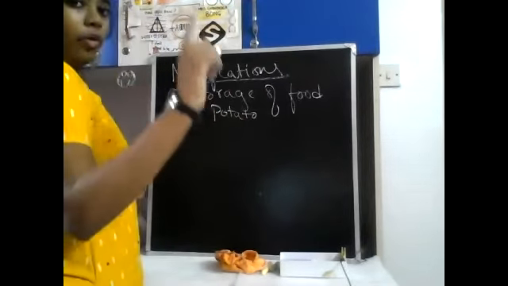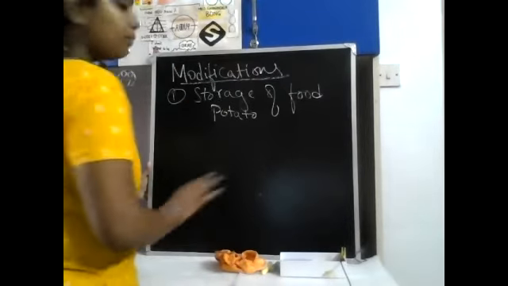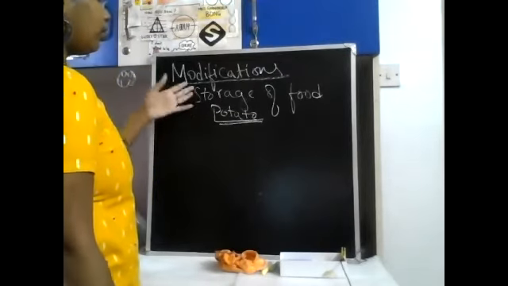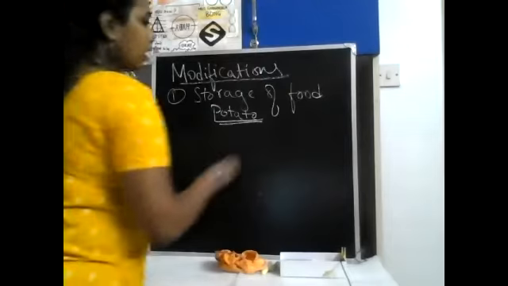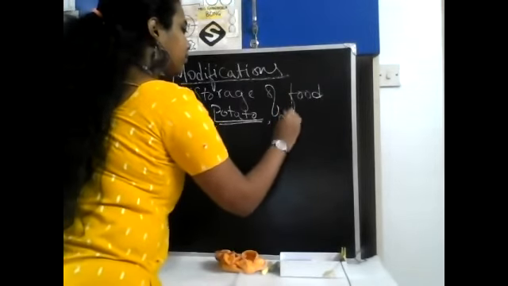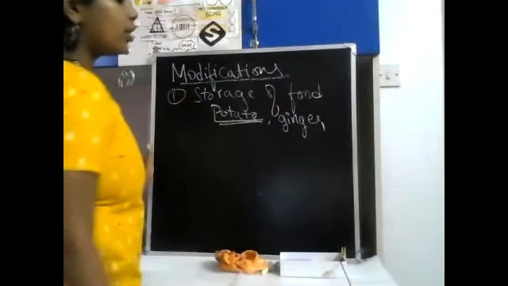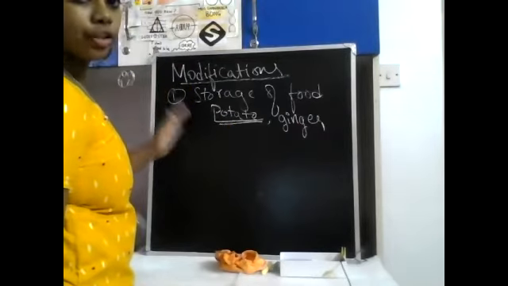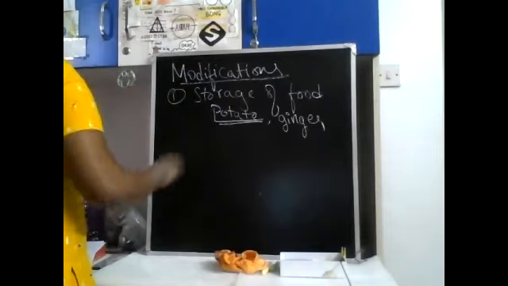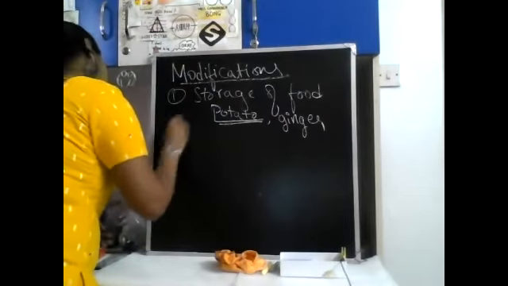Over there it was sweet potato, here it is potato. Okay, it is an important example for storage of food. Another example that you can take is ginger. Okay, ginger is a modification of stem. It is an underground stem. Okay, so that is about the first type of modification, the storage of food.